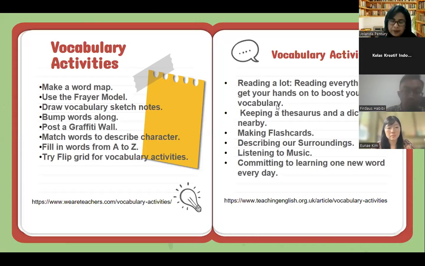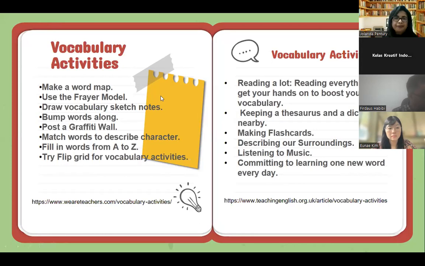The paper will turn around the circle five or six times. When they describe their friends, they may use three to five new words. And then listening to music and committing to learning one new word every day.